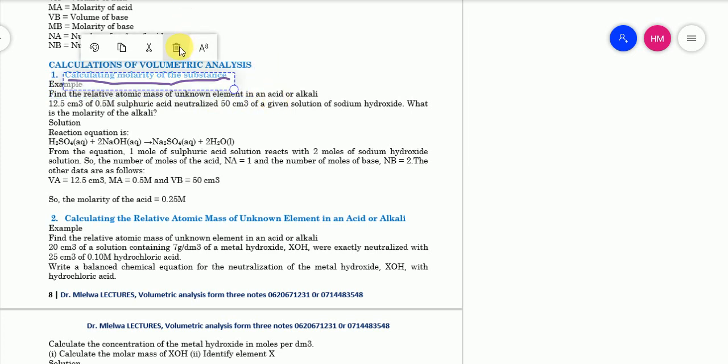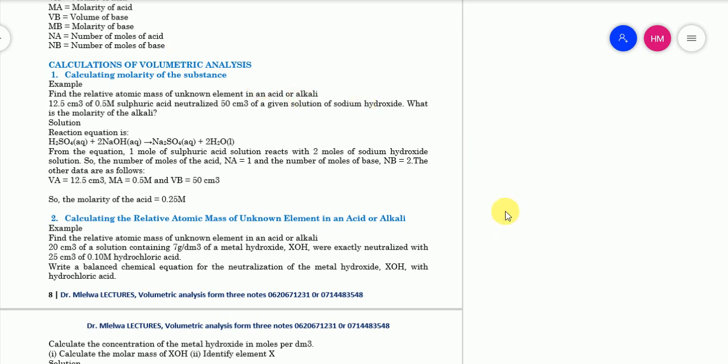And after calculating that relative atomic mass of a base or an acid, then later you can calculate the relative atomic mass of an element. And lastly, you can state even the name of the element, the symbol of the element, its position in the periodic table, depending on the extent that a teacher has asked you in your question. Kwa sababu walimu mbalimbali wanauliza maswali sawa sawa na wao ambao wanakuwa wanataka kukuuliza wewe kwenye huo mtihani wako.